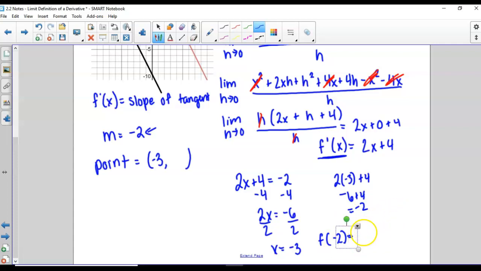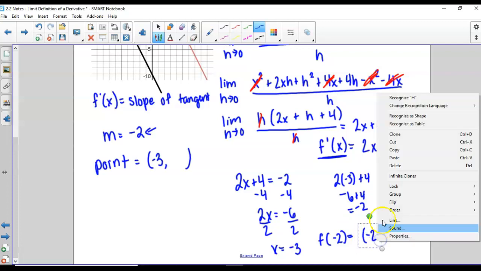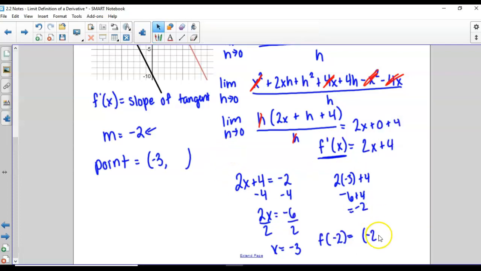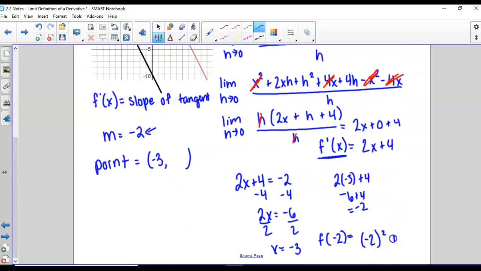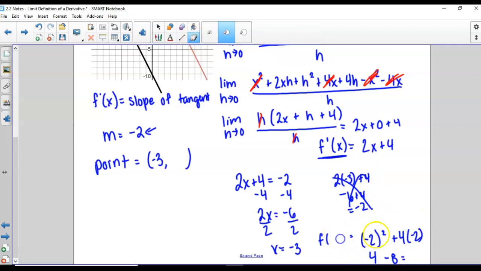F of negative 2 is going to be negative 2 squared plus 4 times negative 2. So it's going to give me 4 minus 8, which will give me, you do negative 3, thank you. That was not what we need to do. I was thinking this is not right.